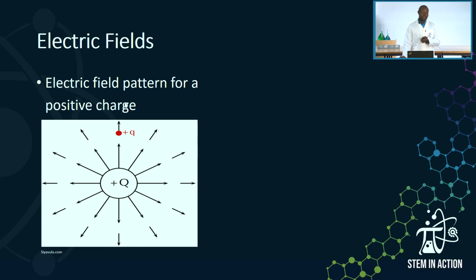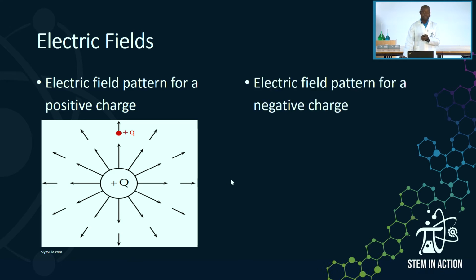Note that when you draw them, you identify your charge at the center, and you indicate whether it is positive or negative. Then you draw your lines using a ruler and a pencil, and make sure that your lines do not cross or intersect. So they have to look like that.